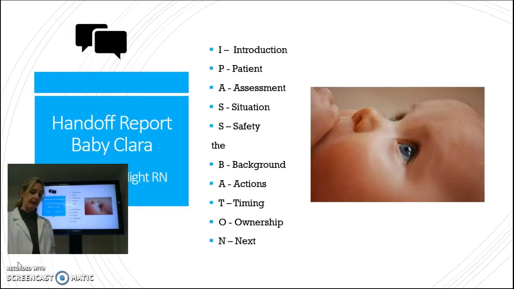Baby Clara's been healthy since a full-term vaginal delivery 6 months ago. There's no prior admissions, no home medications. Baby is the first child of mom and dad, both of whom are involved in care. There's a need for continued respiratory monitoring. About an hour ago, respiratory administered a treatment, and respiratory status has improved.